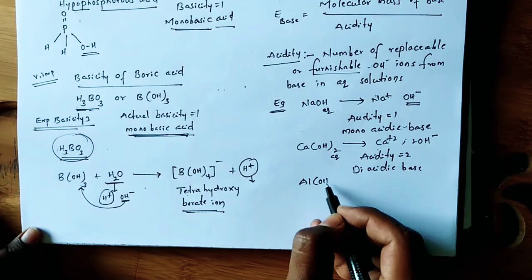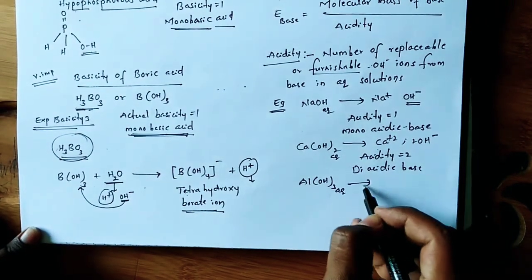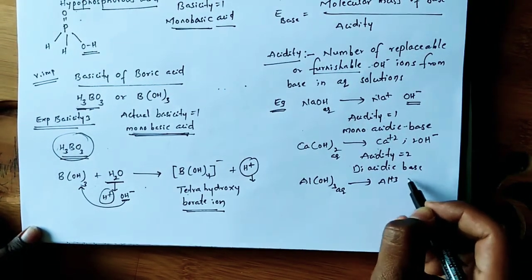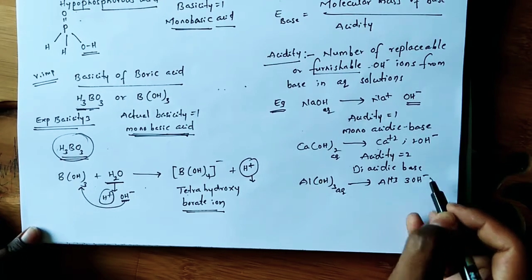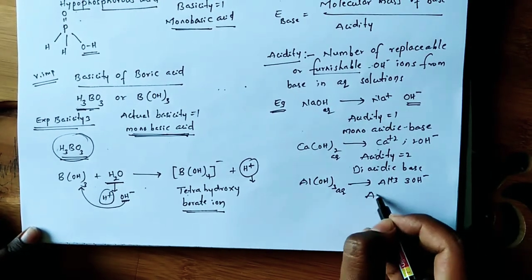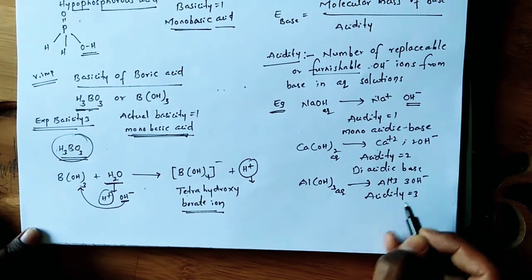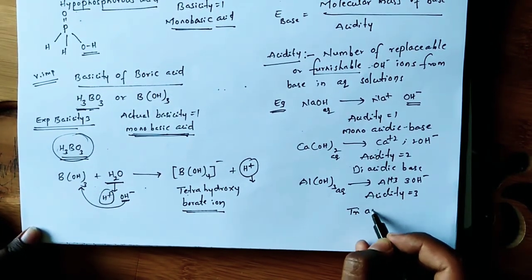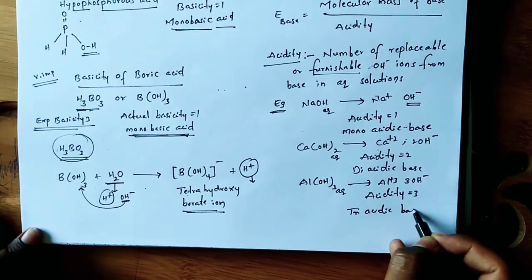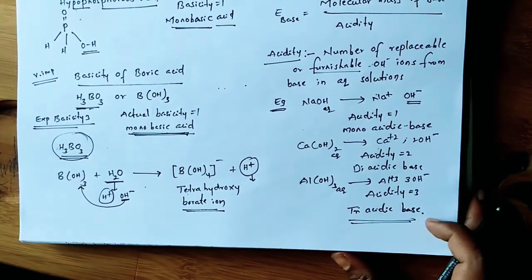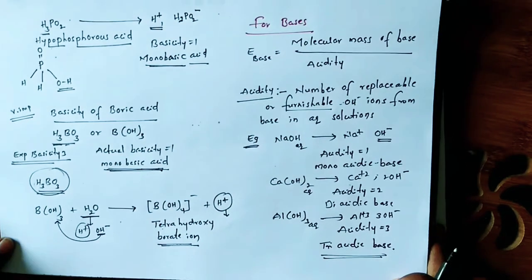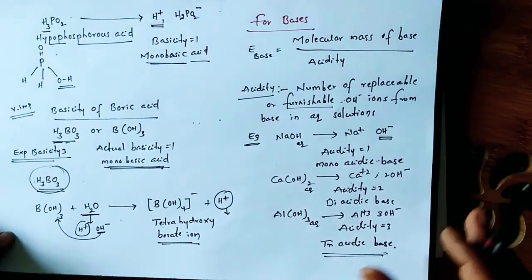Similarly, aluminum hydroxide can furnish in aqueous solution 3 OH minus ions, so it is a triacidic base. Its acidity is 3. This is the way to find the equivalent mass of bases.